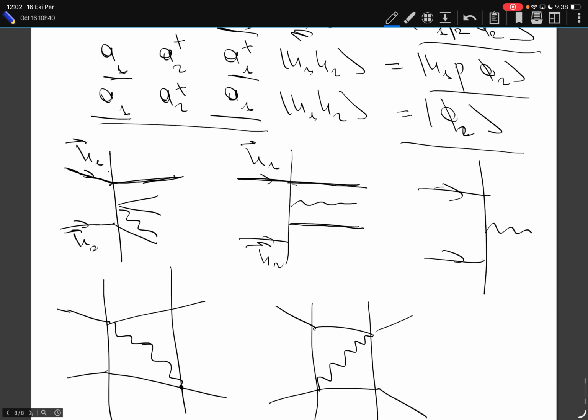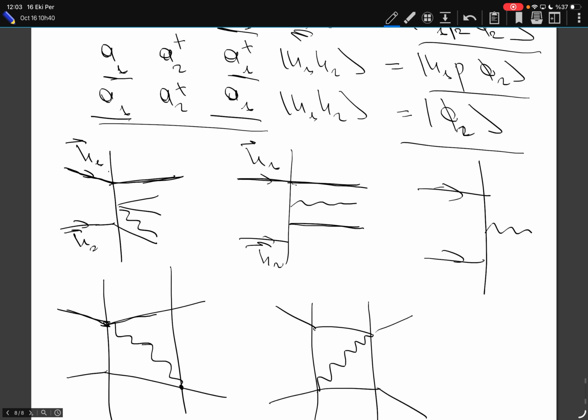Or here, why do I draw such bends? It's not the trajectory. I repeat, we are working with plane waves, which are not such nice wave functions. They don't have a position. Their momentum is changing. That's the only thing that will happen in these wiggly lines. And here, okay, I draw a wiggly line.